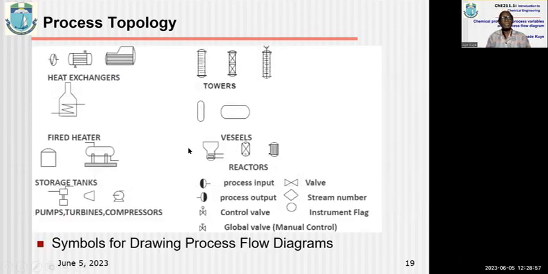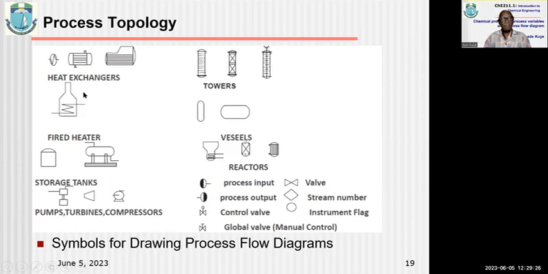So you can see these are some of the ways of representing different vessels, different equipment. You have heat exchangers, which is what you have here. You have the columns or towers where separation takes place. You have reactors where reactions take place.